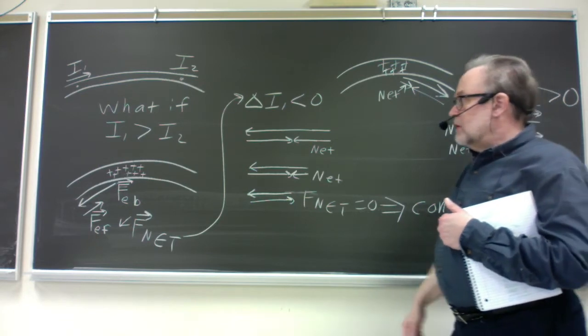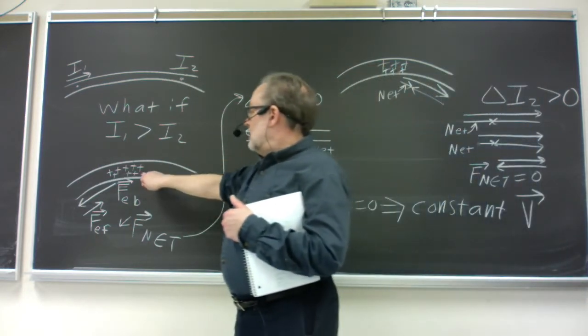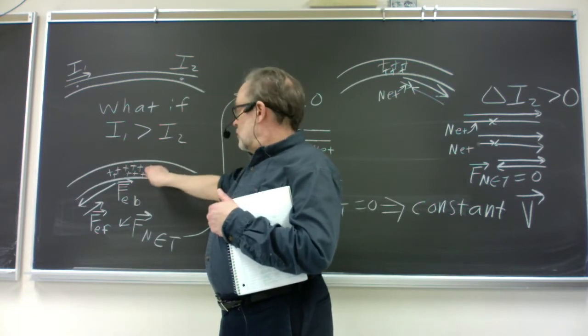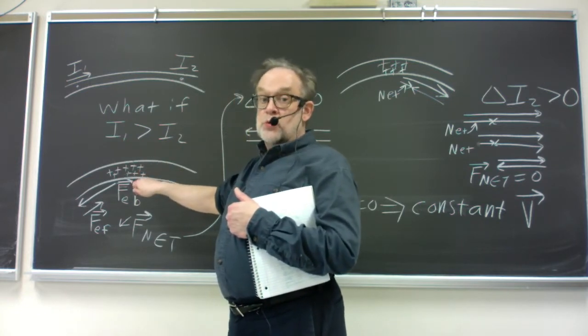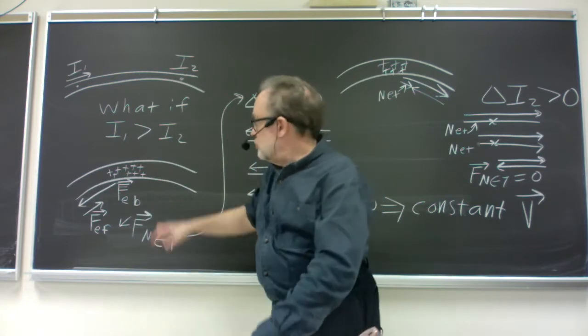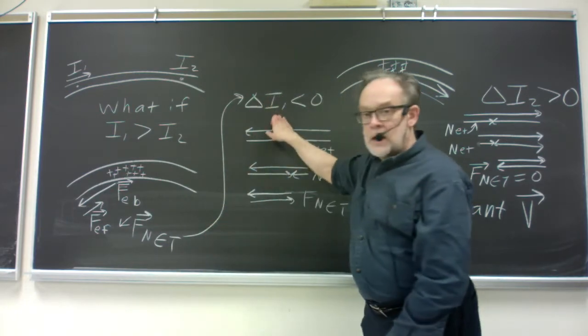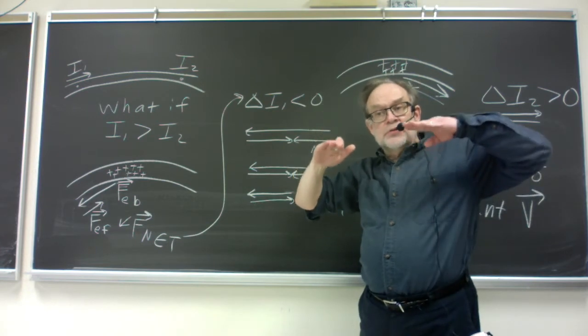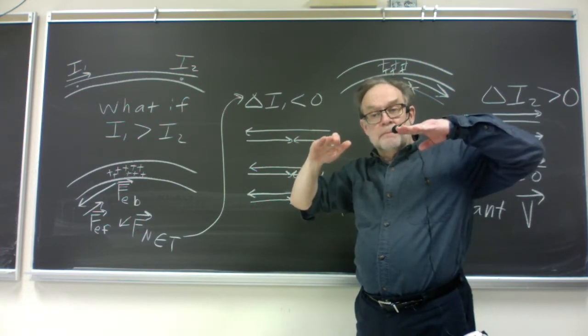So what do we have here? Long story short, if I1 is bigger than I2, charge piles up, and as a result of that pile up of charge, I1 decreases and I2 increases, and eventually they balance out again.